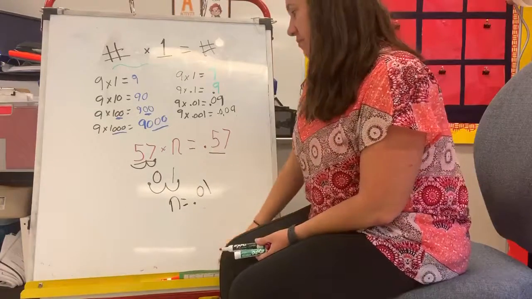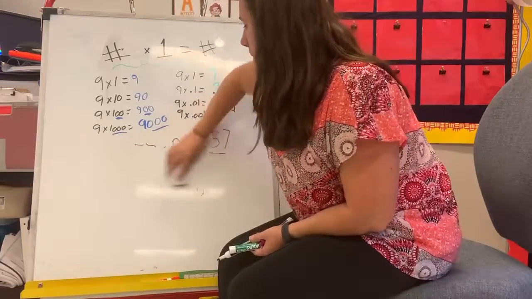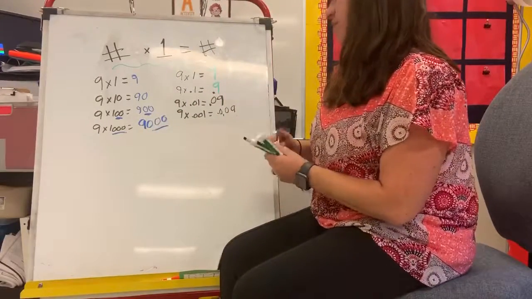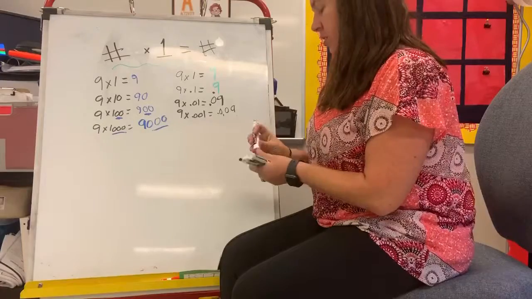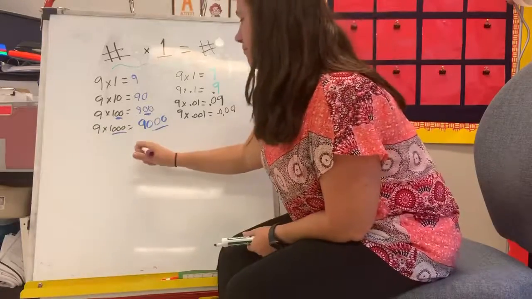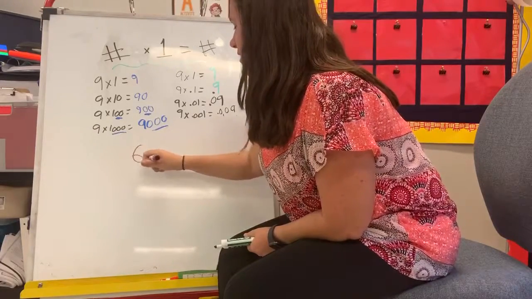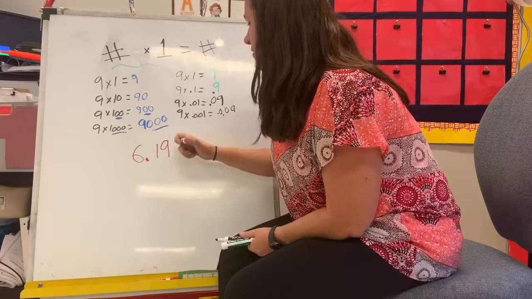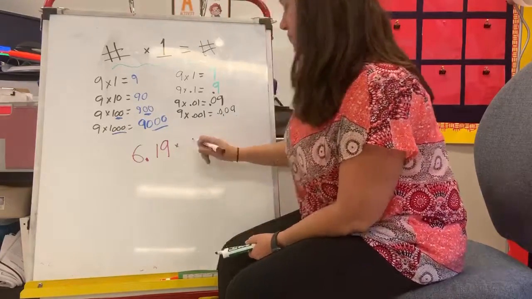Let me try another one. What if it is a decimal times something? So let's try 6 and 19/100ths times n.